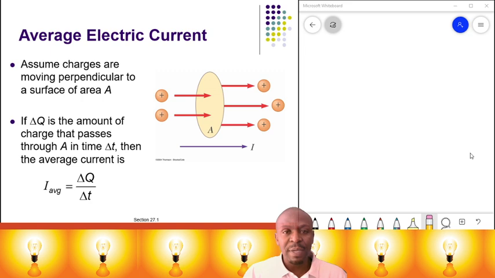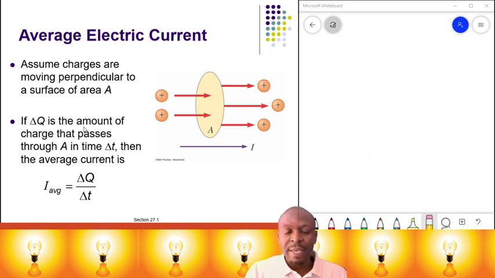Now just assume that charges are moving perpendicular to a certain surface area A, and if those charges are positive charges, they are pointing in the same direction as the current, therefore the current will also be pointing in the same direction.